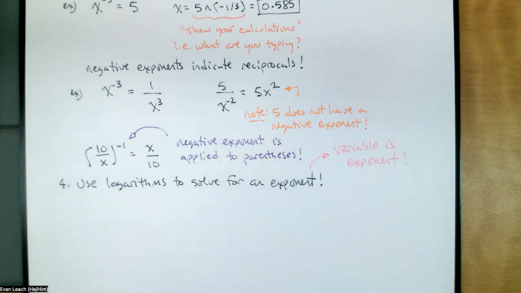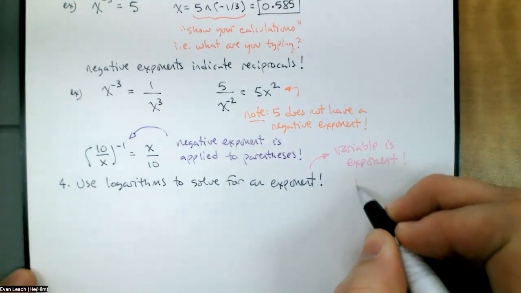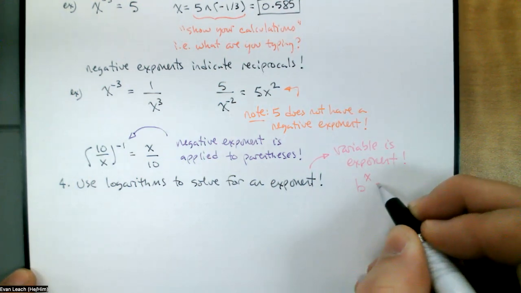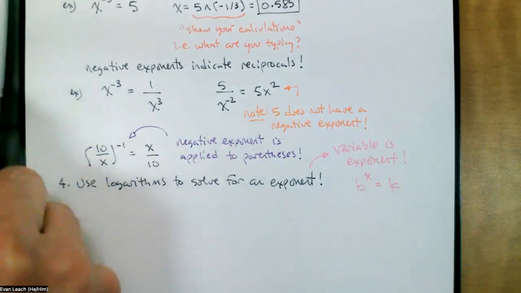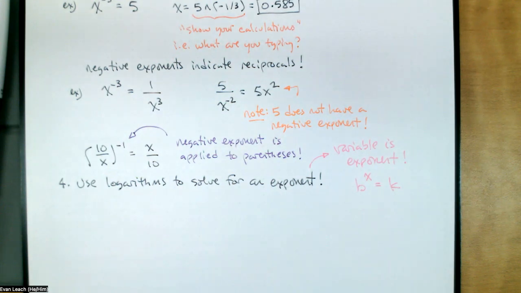So this is if we're trying to solve something like b to the x, where the variable is the exponent, is equal to k. I don't want to spend a lot of time solving for an exponent, but it comes up because we have to solve x squared equals some constant.